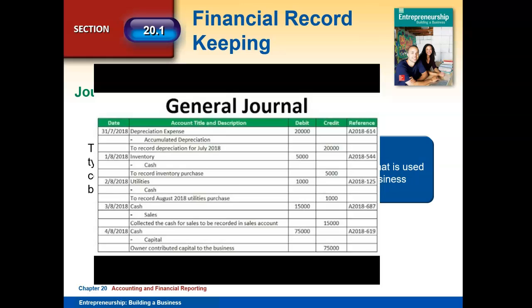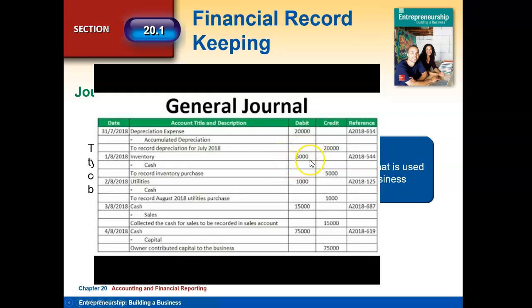So this is kind of what it looks like where we're marking various accounts. This is on 3/17. We'll call that January 7th, 2018. There's depreciation expense, and they're recording depreciation for July of 2018. Here you have inventory going up.